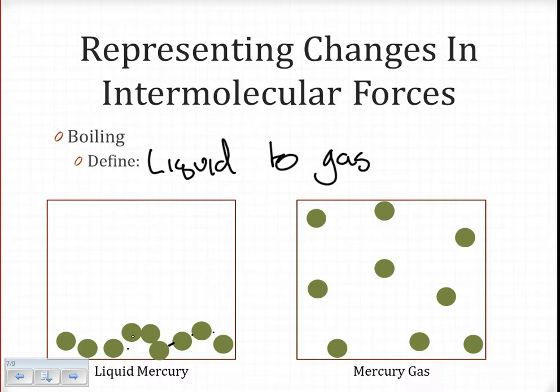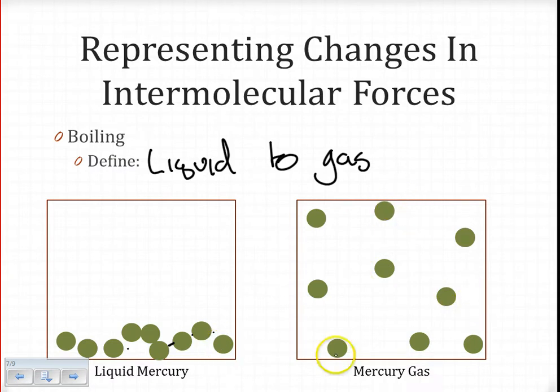Now, when you heat it up, as we saw in the last section, the molecules are able to move faster and they have more energy. The molecules are able to spread out a little more, and now they are overcoming the intermolecular forces, the force of attraction that is holding them together. So now they are moving independently from each other.